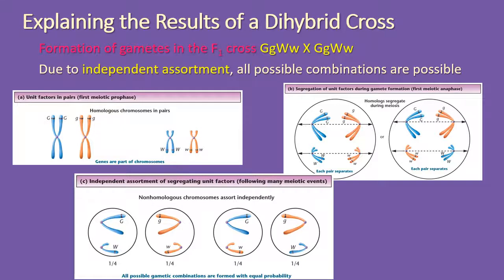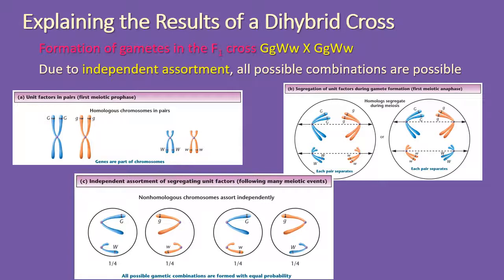Now, the reason that this works the way it does is because of independent assortment. And so we have the luxury of hindsight, and we can say, oh, well, that makes sense because we know how cells divide and we know how meiosis works. We just went through all that in chapter 2. But Mendel didn't know anything about that. So the fact that he figured this out without that knowledge is really quite remarkable.